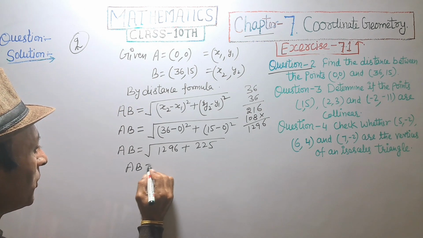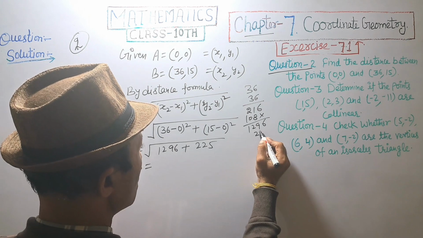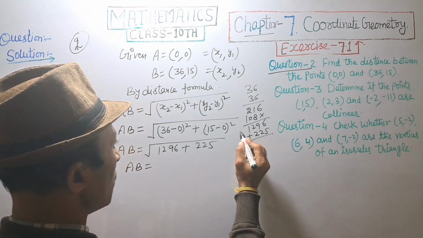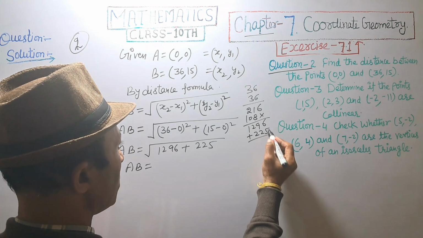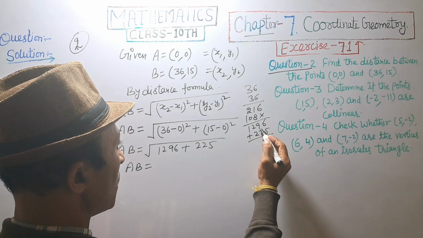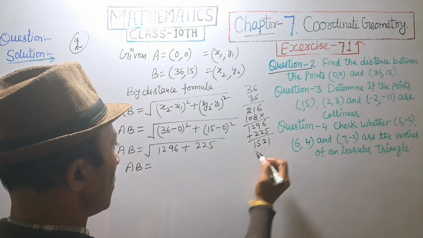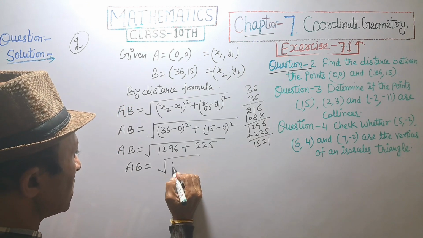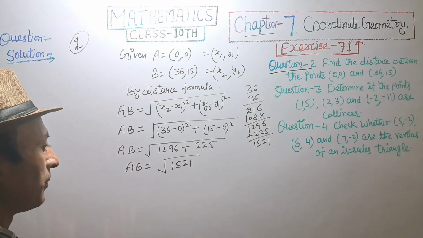Adding 1296 plus 225: 6 plus 5 is 11, 9 plus 2 is 11, 12, 2 4, 5 1. That is 1521.